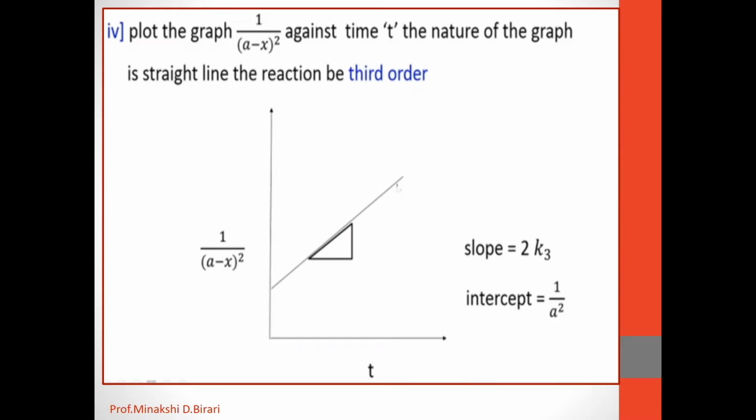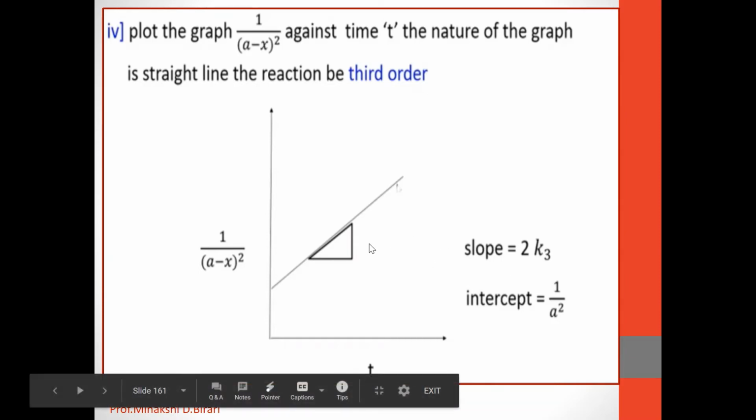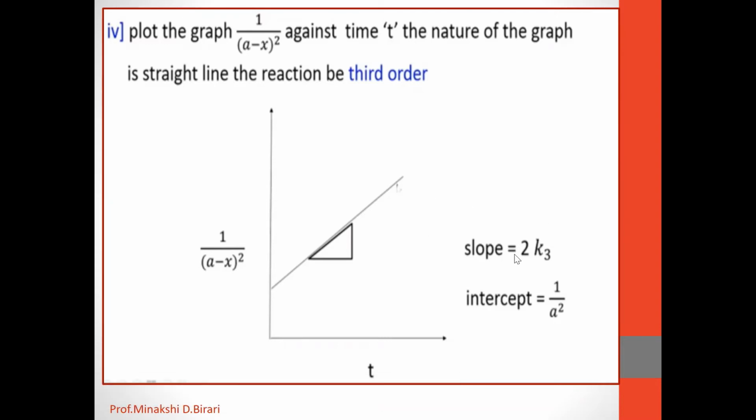So we have the integrated rate equations for zero order, first order, second order and third order reactions. If we consider those integrated rate equations, all are in the form of y = mx + c. So by using that equation we get the slope and also the intercept.